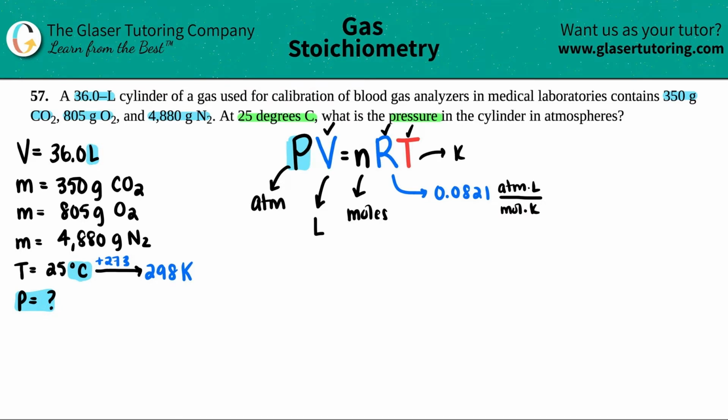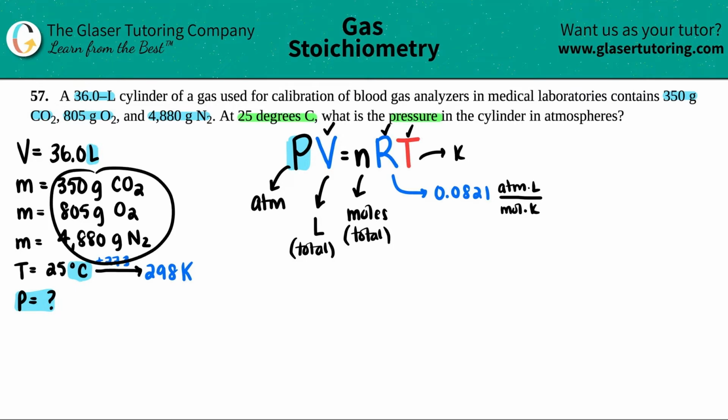But now here, we have a volume with a mixture of gases. We got three of them. So we can basically expand this idea: if we're talking about a total volume in liters, the moles just have to be the total number of moles.